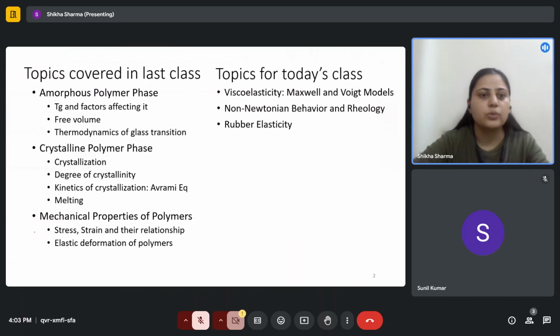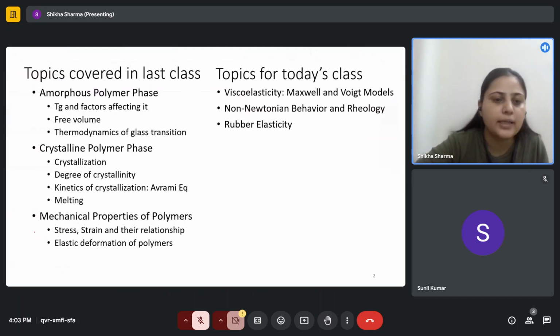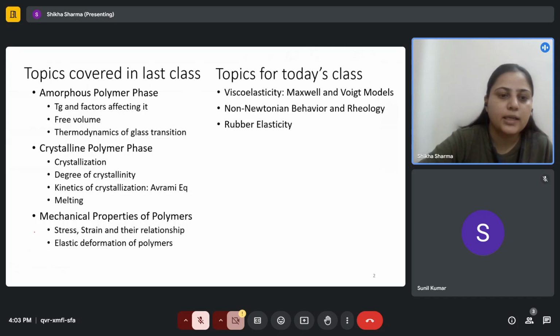So after that we discussed the melting and melting temperature. And then we discussed the mechanical properties of the polymers, like the stress strain curve, and the area it defines, the toughness, and in the different materials like elastomers and others, how the mechanical properties will be there in the polymers and the elastomers.